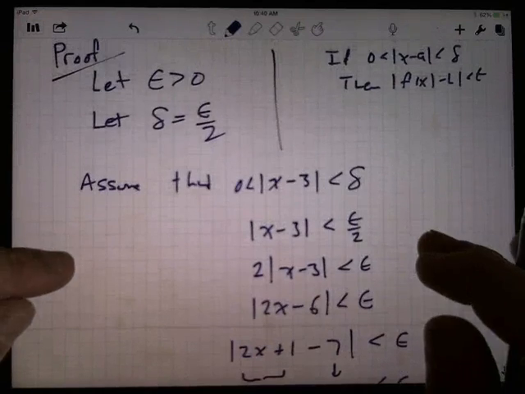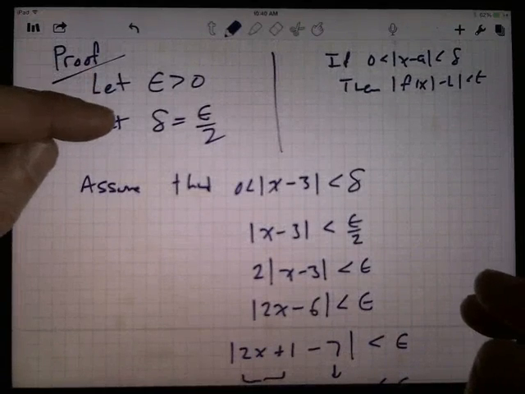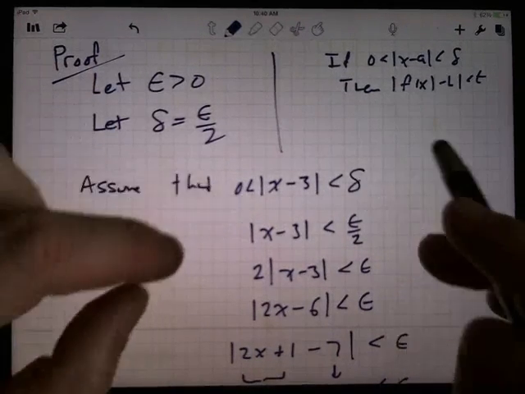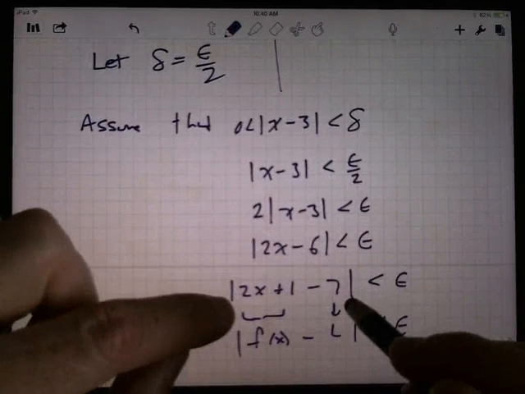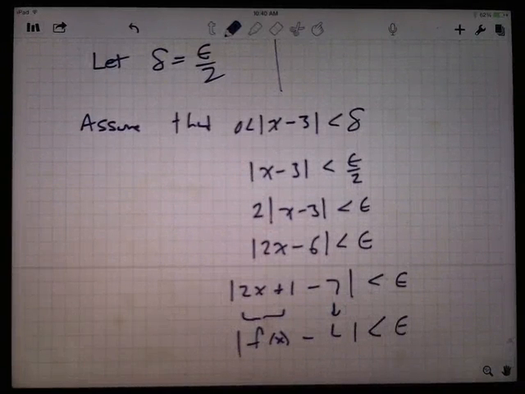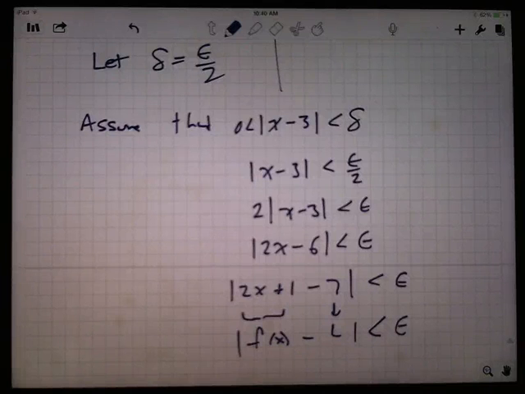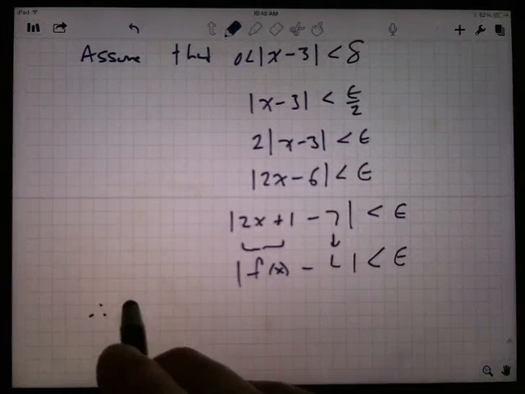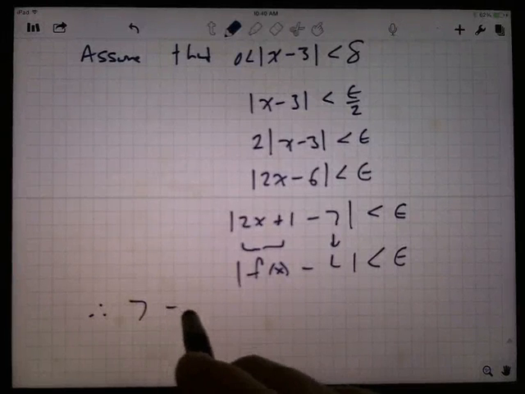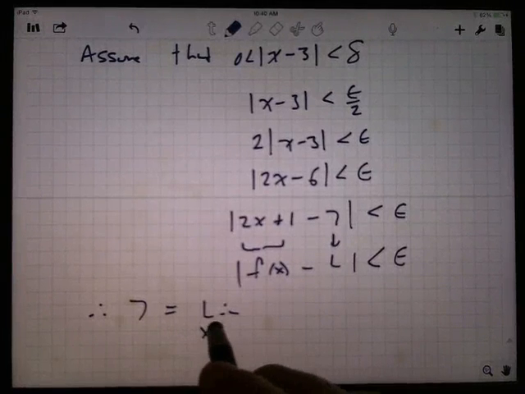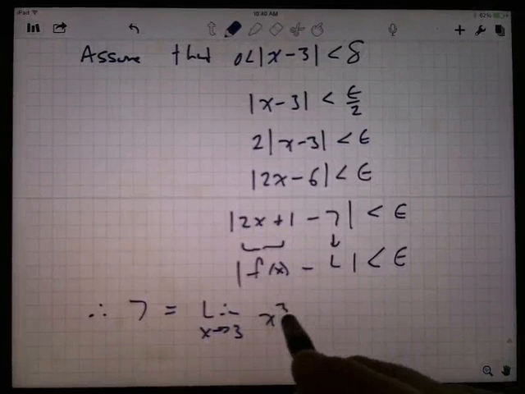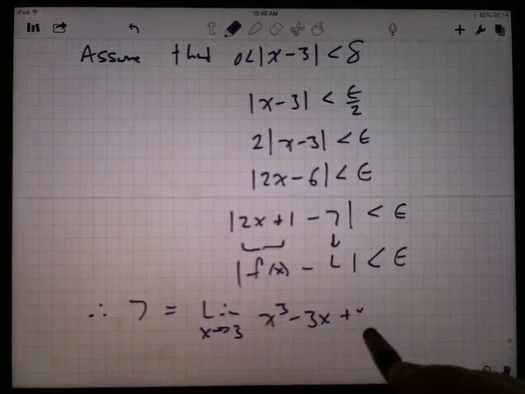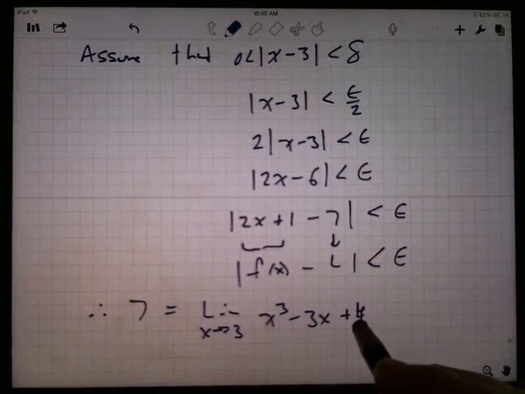For each epsilon bigger than 0, I have a delta such that if this is true, then that's true. I've satisfied the definition. I've shown that, yes, I do have the limit. Therefore, 7 is the limit as x goes to 3 of x cubed minus 3x plus 4.